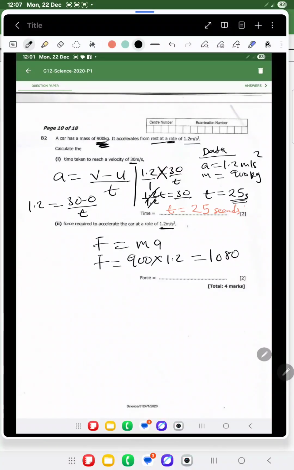In this case, force is measured in newtons, so you need to put N there. So basically that's how you calculate the force when acceleration and the mass are both given. So you come here to say my force is equal to 1080 newtons. All right, that's how you get to solve these questions.